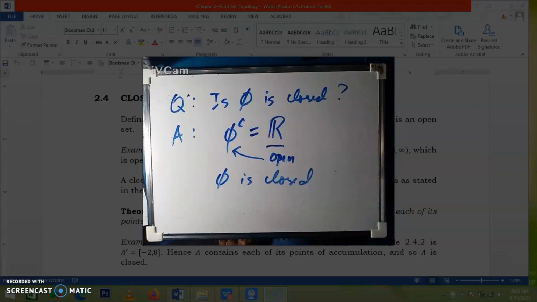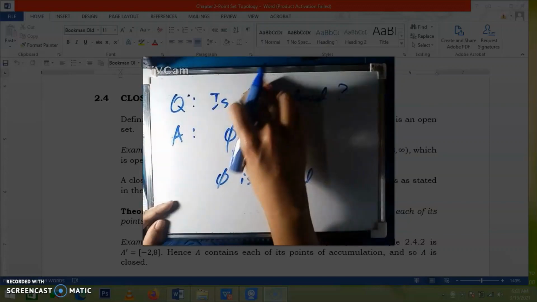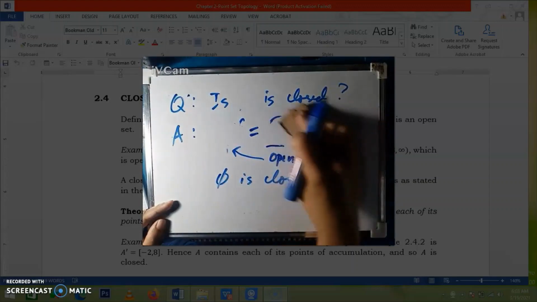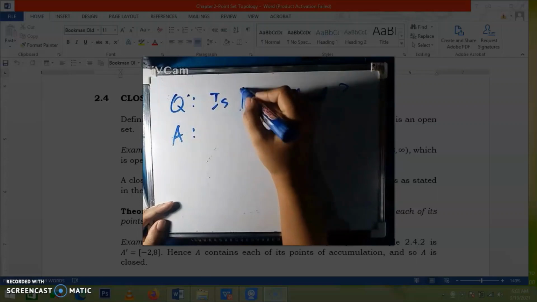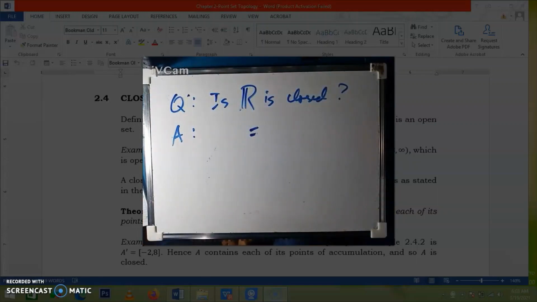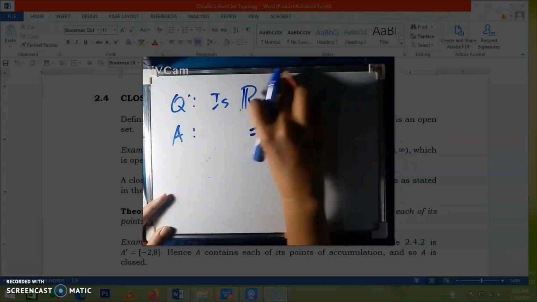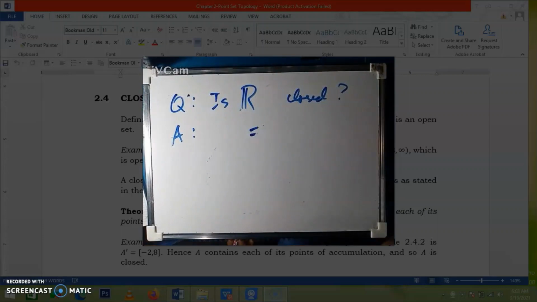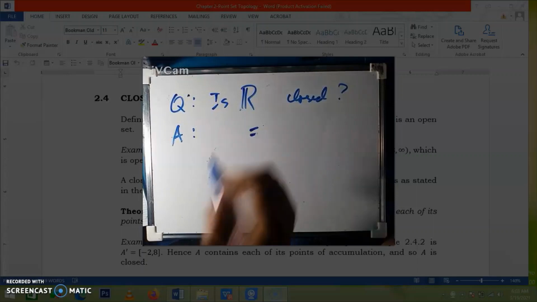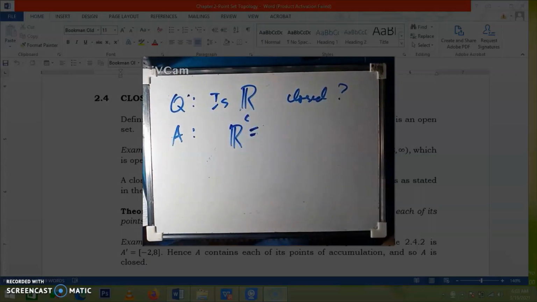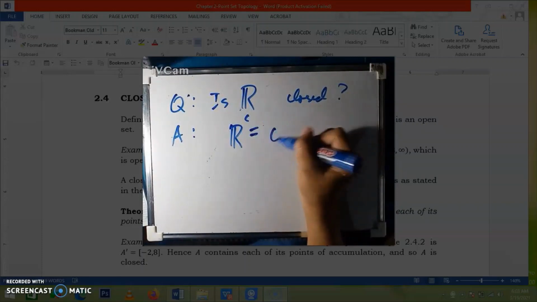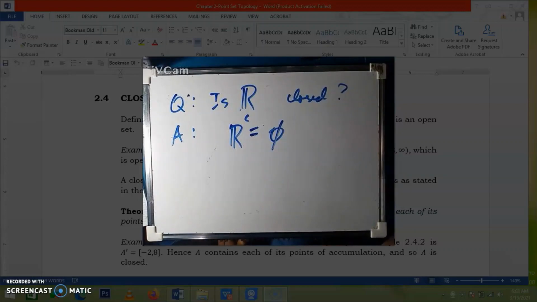Right? So what about the set of real numbers? Is R closed? Let's try to get its complement. The complement of R, the complement of the universal set, is an empty set.